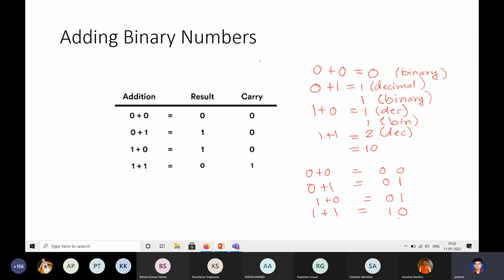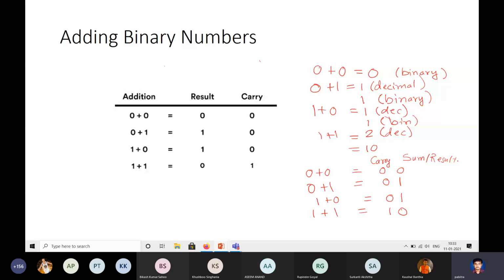Since now I have two digits, I represent them by two names. The first digit I call carry, and the second digit I call sum, or result. Okay, so this is very simple.